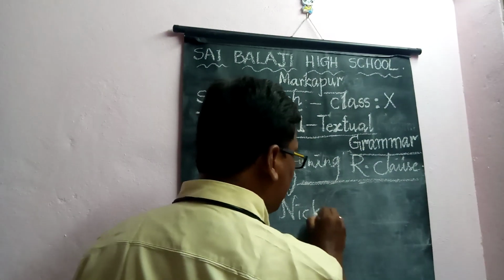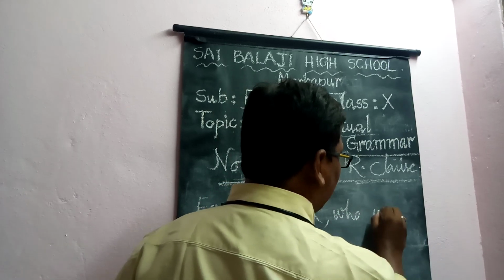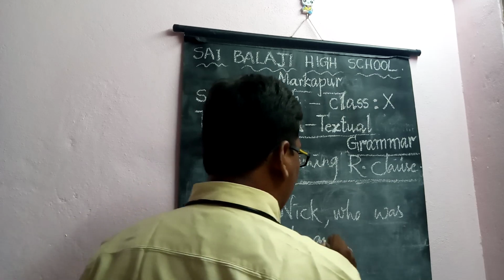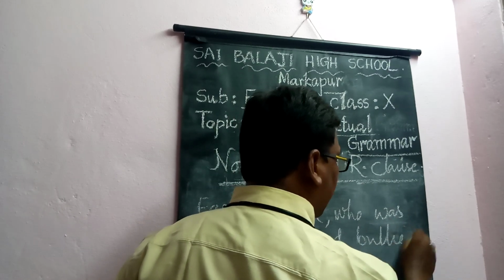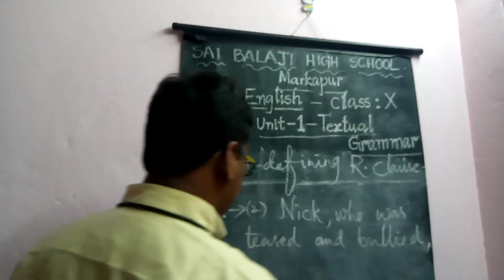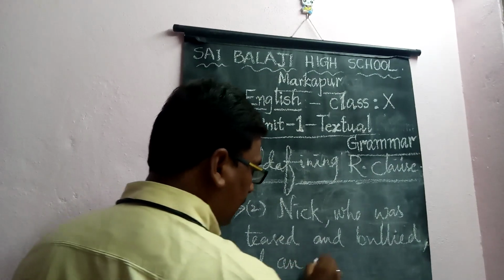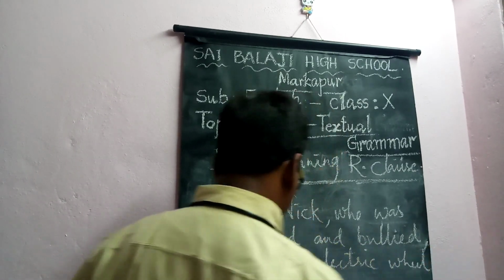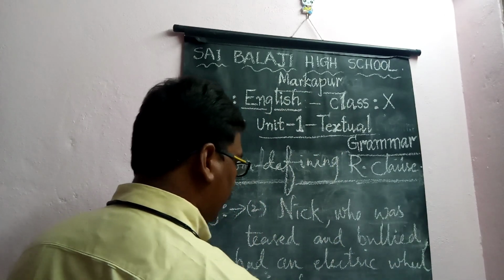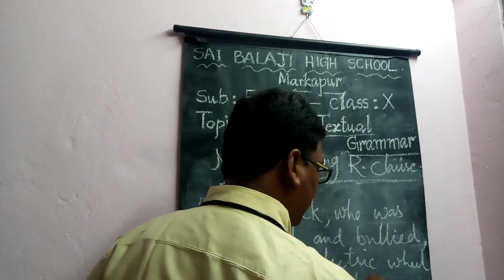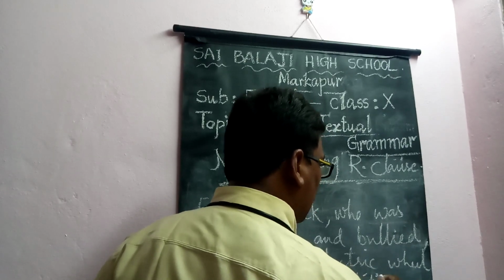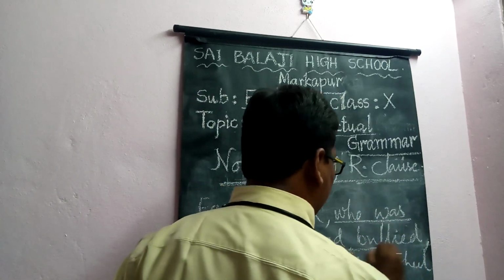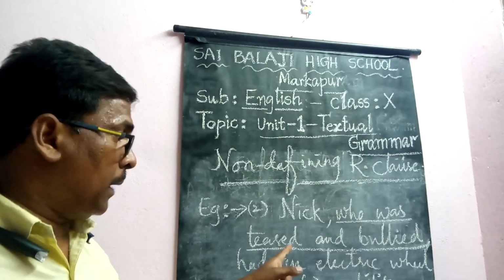Nick, who was teased and bullied, had an electric wheelchair for mobility. So here we have the relative clause part. Who was teased and bullied? This is the relative clause part.